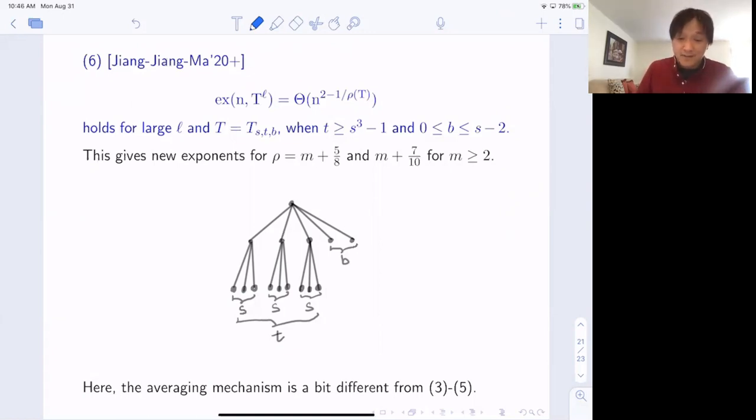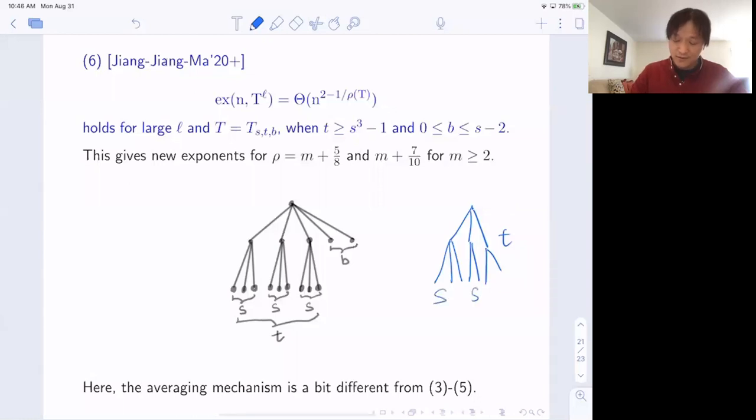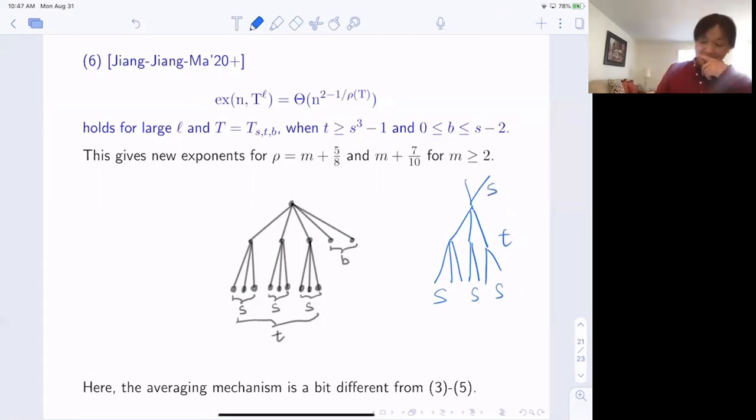So basically, if you think about the Kang-Kim-Liu result, they have T in the first level under the center, and then S leaves under each. And then they also add S leaves to the center. The difference here is that we add some B leaves to the center. And this B can be quite flexible. B is anywhere between 0 and S minus 2.